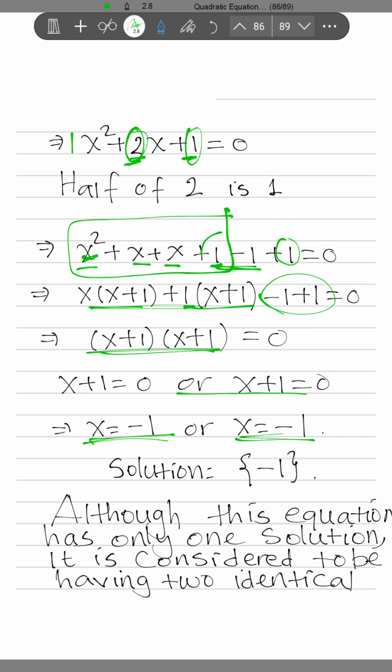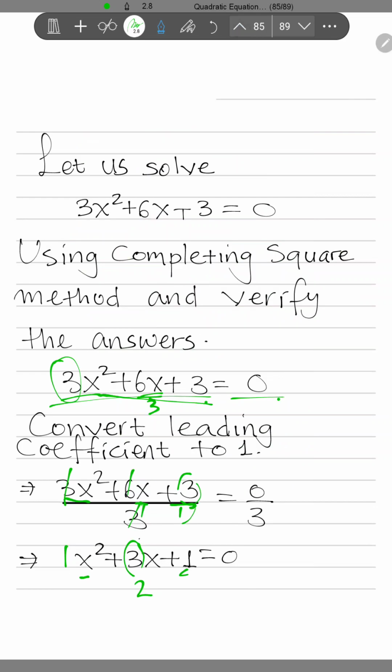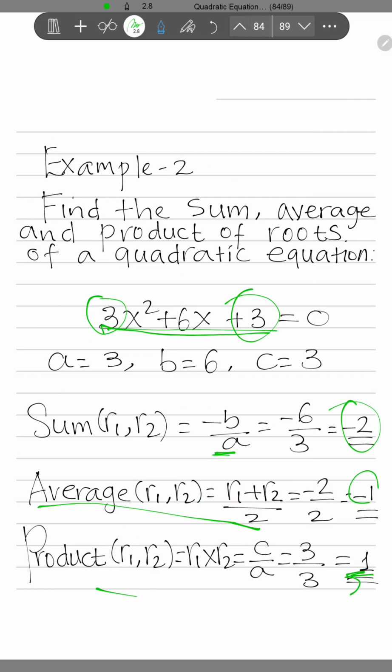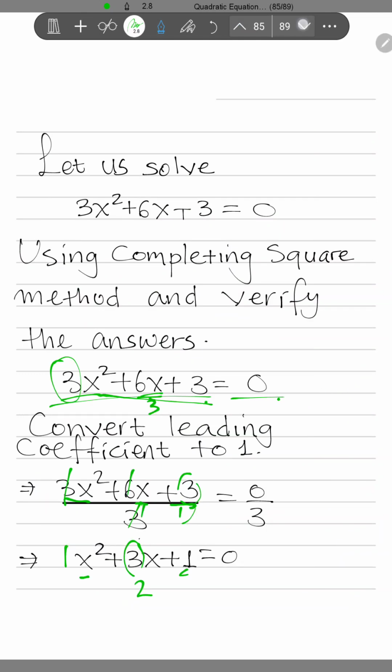But for the sake of the sum of the roots, as we have used the formula, we can simply add them. The sum of the roots is going to be minus 1 and minus 1, which is minus 2. We've said it before already. The product, minus 1 times minus 1, is 1. So we have minus 2 for the sum and 1 for the product.